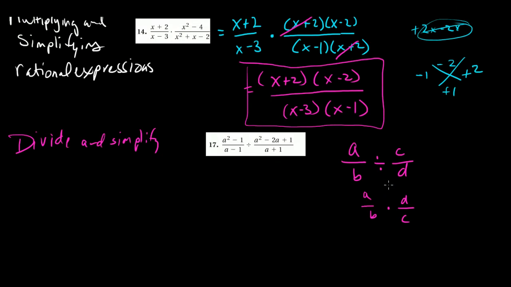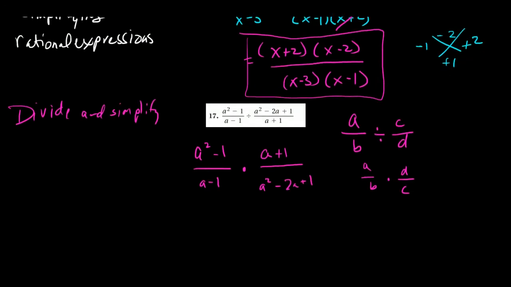It's the opposite operation of multiplication. So if we just multiply by the inverse, it's the same thing as dividing. So really I can rewrite this as a squared minus 1 over a minus 1 times the quantity a plus 1 over a squared minus 2a plus 1.